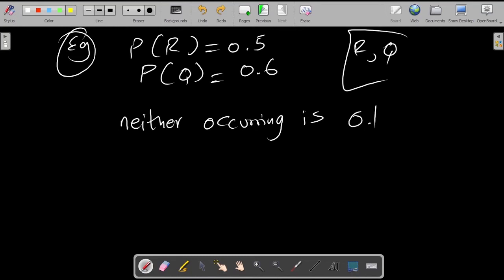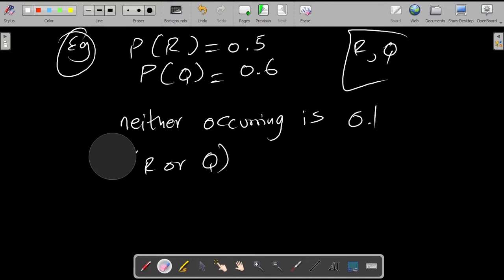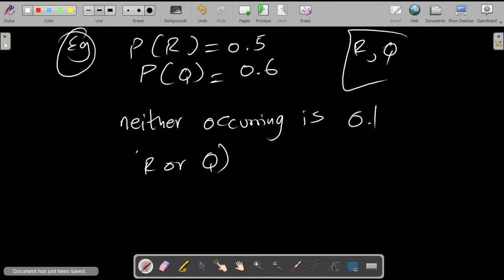Now, if you remember what I said at the start of the video, I basically said if you have either, then you're basically looking at one or the other. But now we're told that neither of them actually occur, then we should be looking at not R or Q. So in that sense, this is what they're basically giving us.